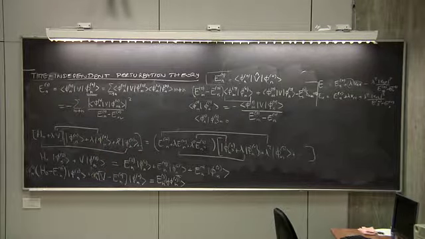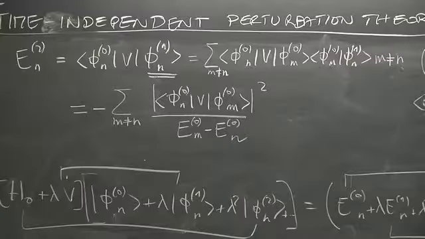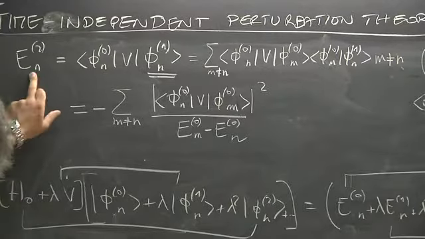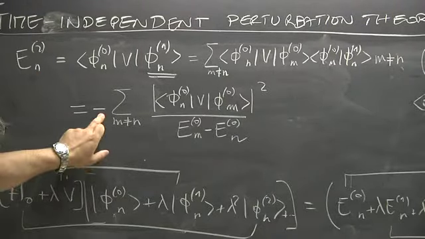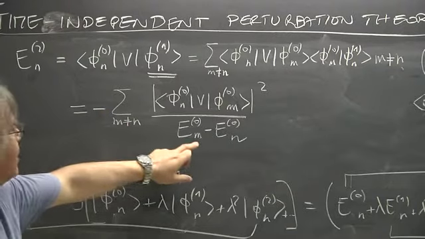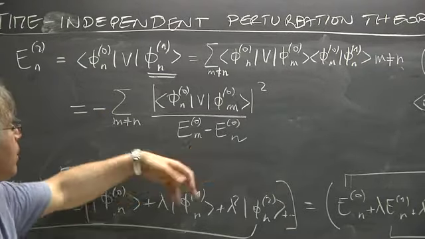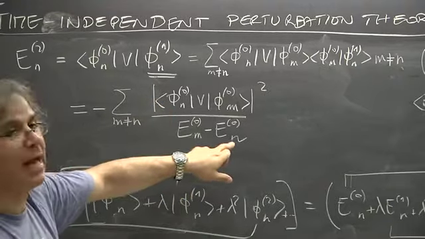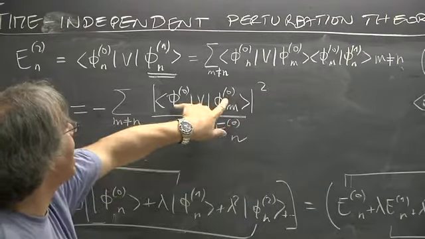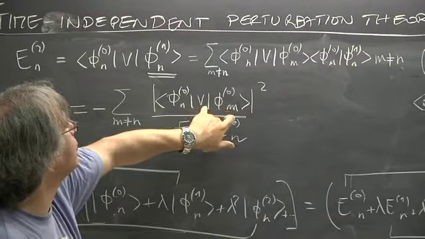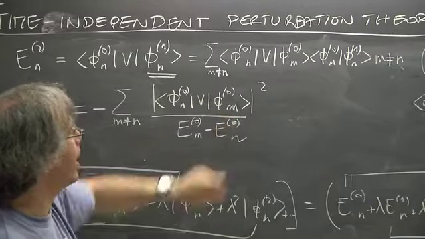This is a very important formula, probably one of the most important in this chapter of perturbation theory. So please take due note of this. So the second order correction to the energy is minus a sum over all other states, not the one you are considering. So sum over all the other m different from n, with energy denominators like this, difference of energies, and the matrix element of V between m and n squared.